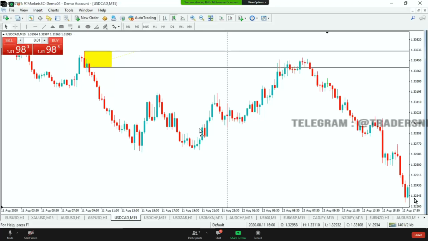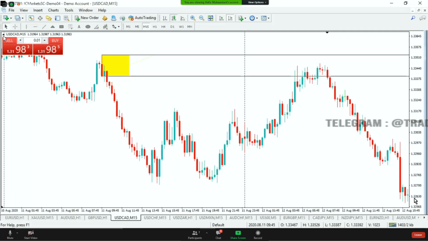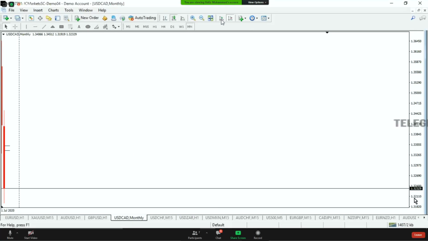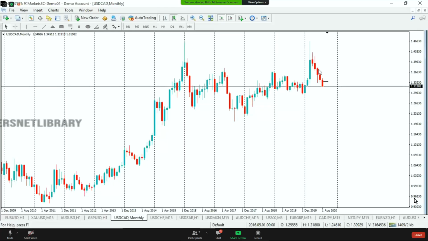I think you saw this trade that was posted by most of the students, right? This is USD CAD. Why did they take this trade? This is the monthly chart, and you're seeing that the current trend is to the downside and it's bearish. Sorry, you're seeing red candles, right?